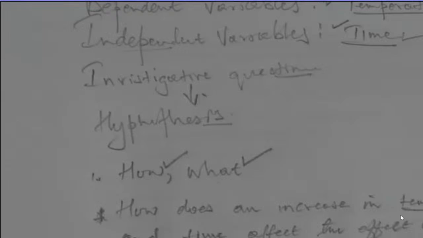All right, let me check 3.2. 3.2, study the data in the table and write down the independent variable, the dependent variable. The independent variable, it will be time. So after 9 minutes, what will be the temperature?